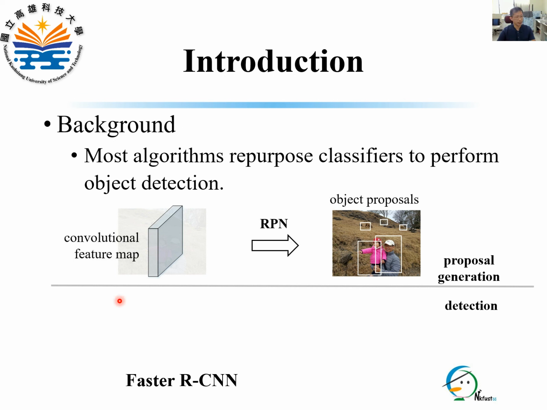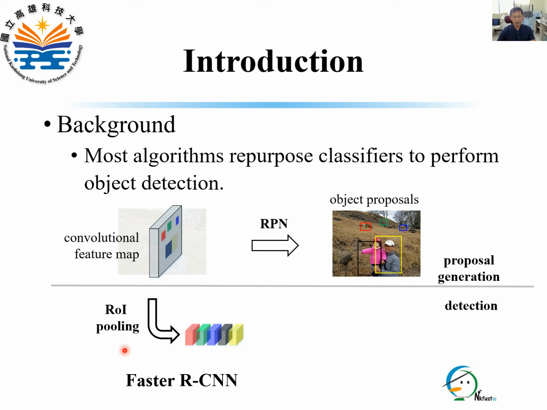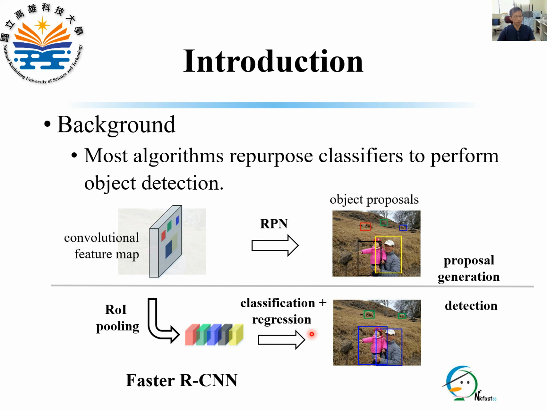During the second stage, Faster RCNN uses ROI pooling to crop the feature map inside the object proposal and normalize it into a fixed-sized and small one. After that, Faster RCNN performs classification to determine the object class and regression to localize the object bounding box.